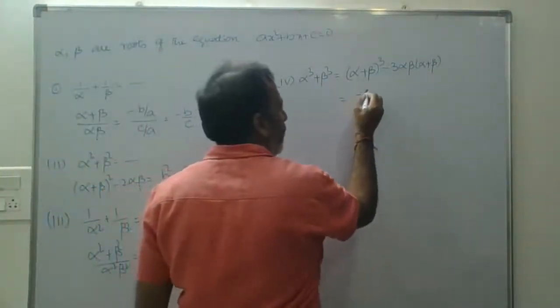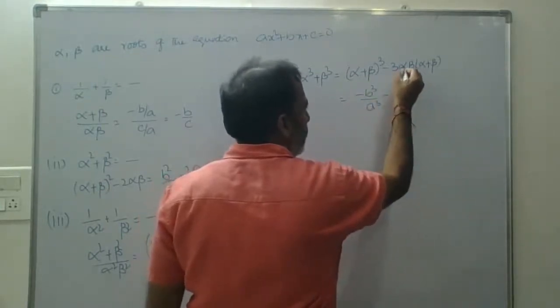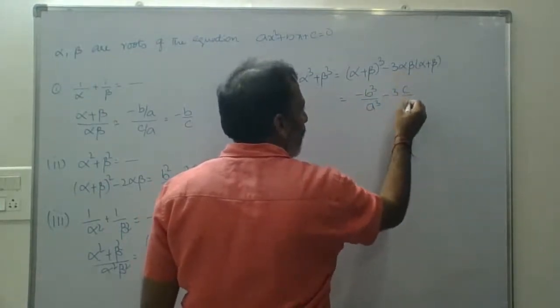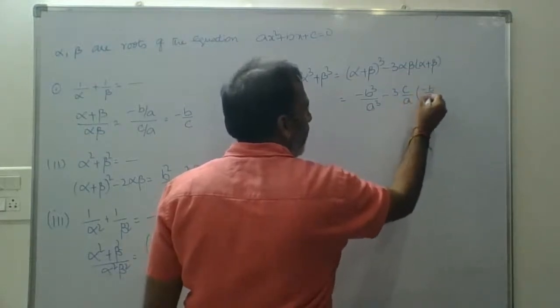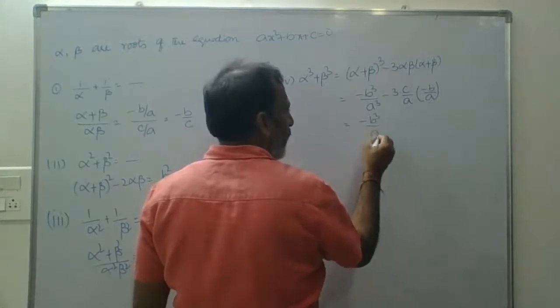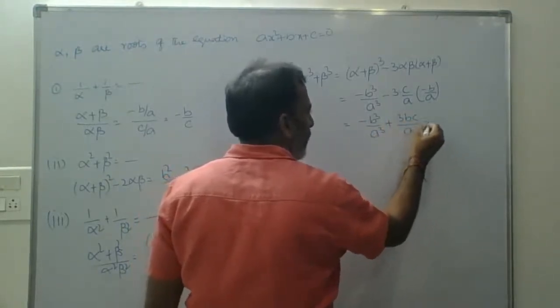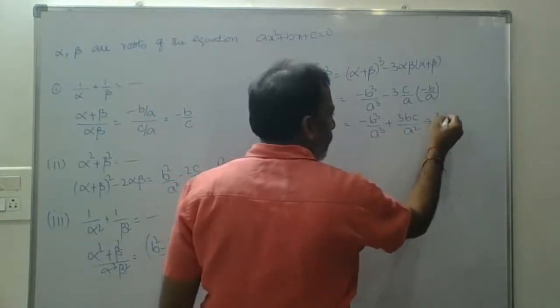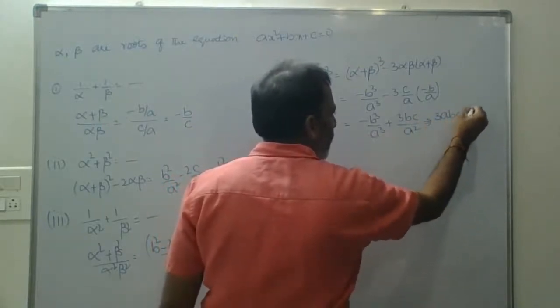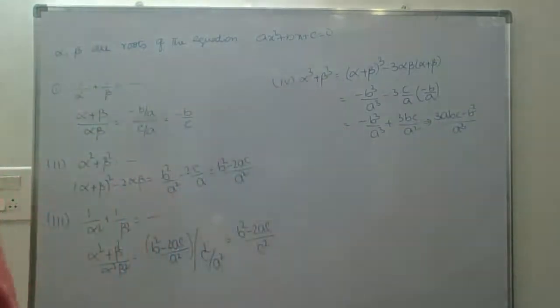Minus b by a. So minus b cube by a cube minus 3 into alpha beta, c by a, into minus b by a. So minus b cube by a cube plus 3bc by a square. Taking the LCM, 3abc minus b cube by a cube.